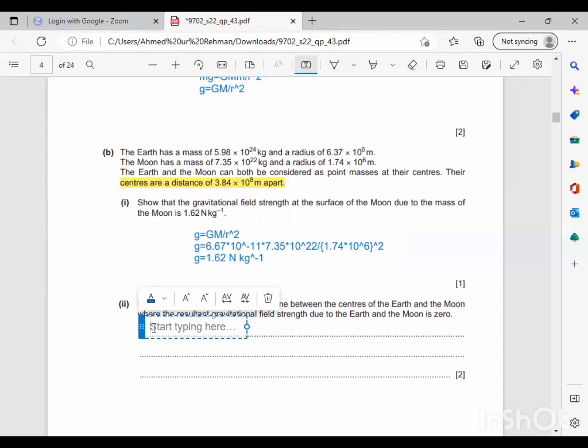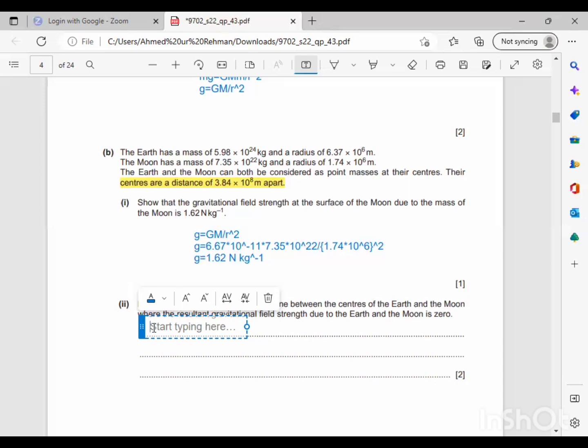Each planet is going to have its own gravitational force, a downward force. If I'm talking about an object placed between the earth and the moon, there will be a point where the gravitational field strength of the earth is equal to that of the moon, because their magnitudes will be the same at this point.